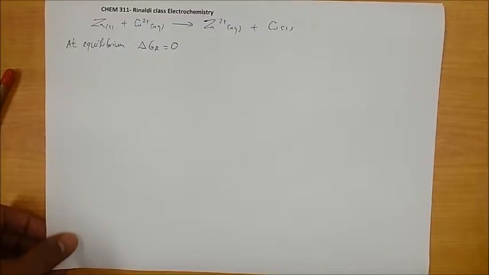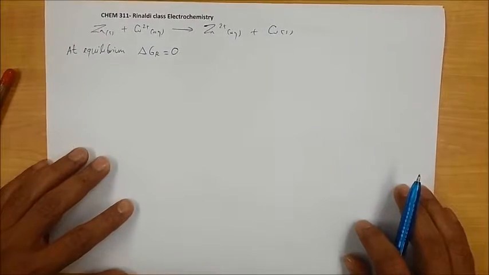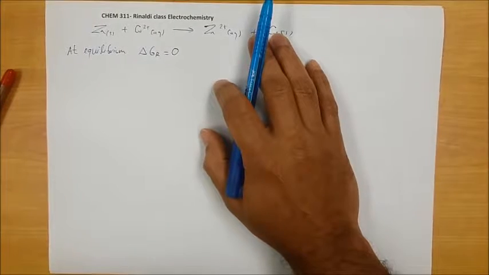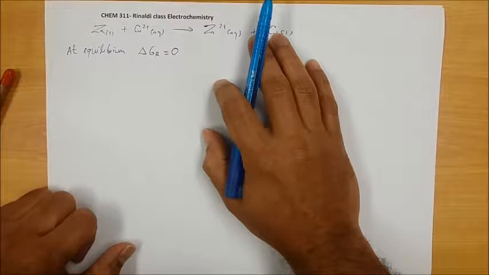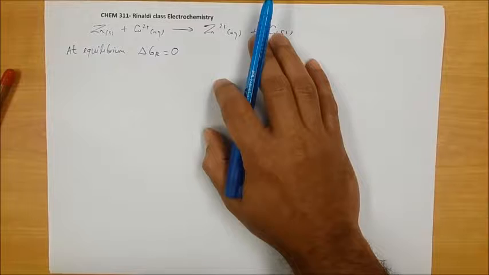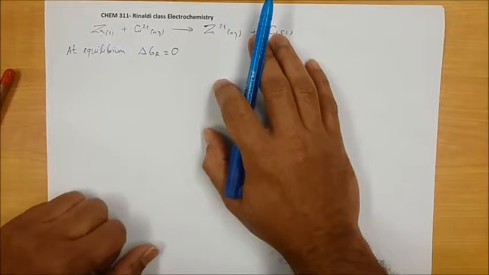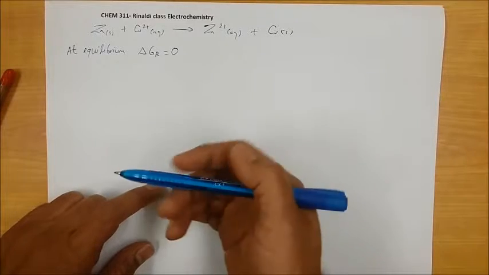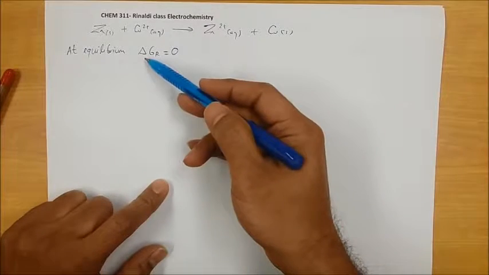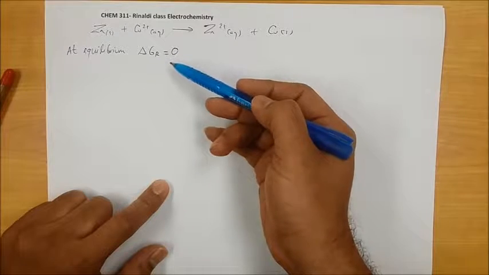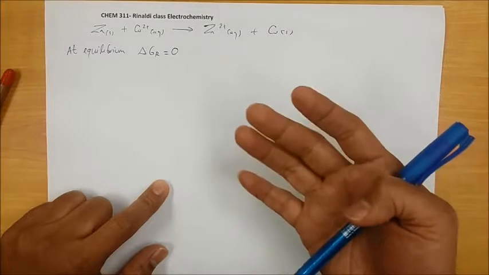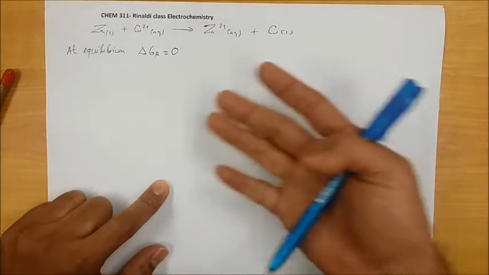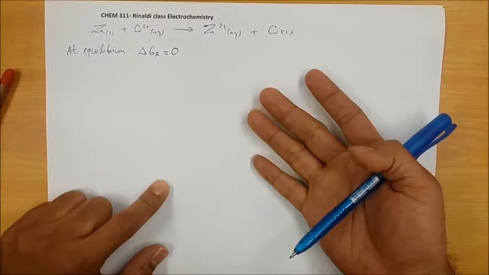So let's look at the case when this reaction has reached equilibrium. When this reaction has reached equilibrium, it means that you have reached ΔGr equal to 0, which means there's no more free energy that you can take from this reaction, because it has reached equilibrium, right?